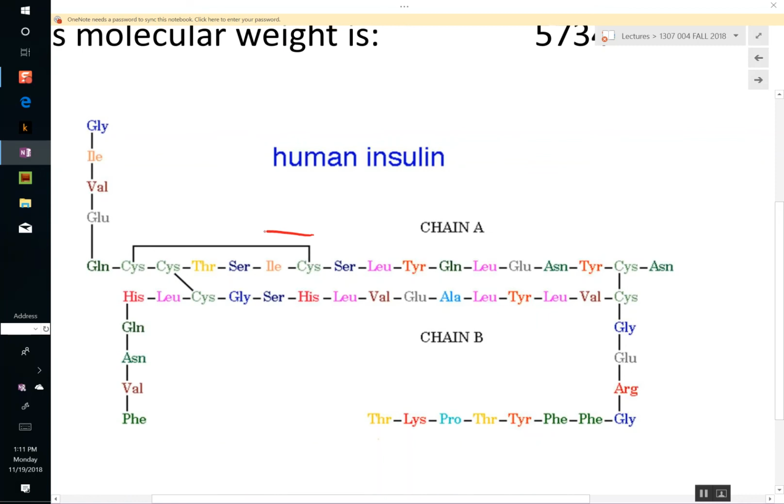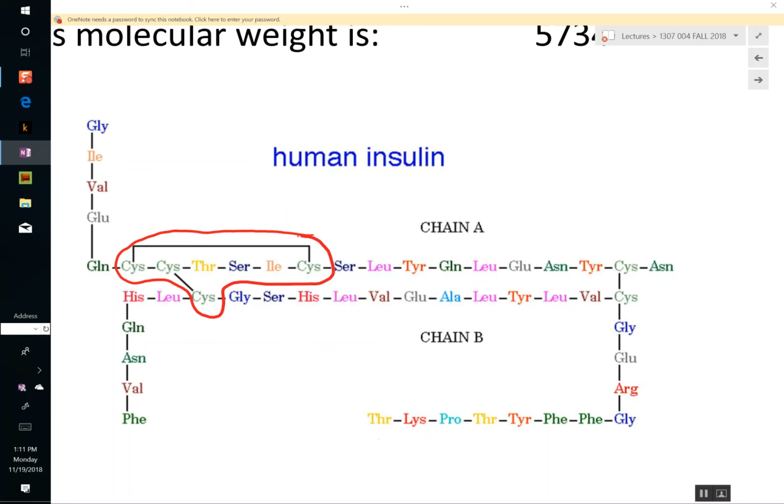Here are the 7 that we made. So we're not making insulin, but we're going to make that part of it. A big chunk of chain A, and then I just at least want you to see where chain B would be attached to it. So are the cysteines from chain A and chain B being held by the disulfide bridges?